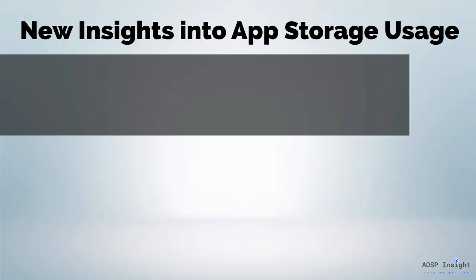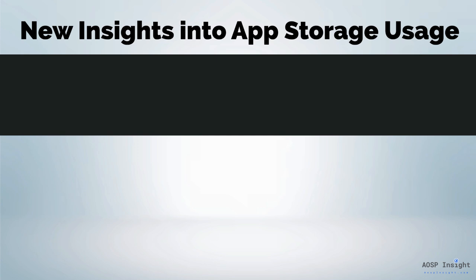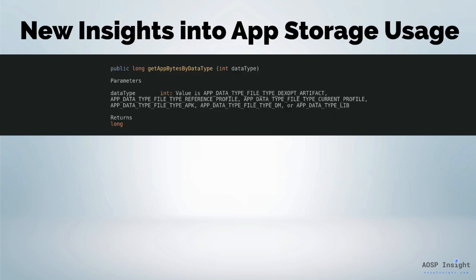Now that's the time to check the improvement in app storage utility, which is the StorageStats class. GetAppBytesByDataType is a new method in StorageStats, providing new insights into app storage usage.